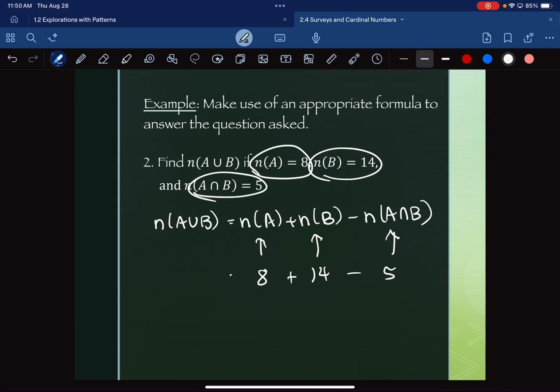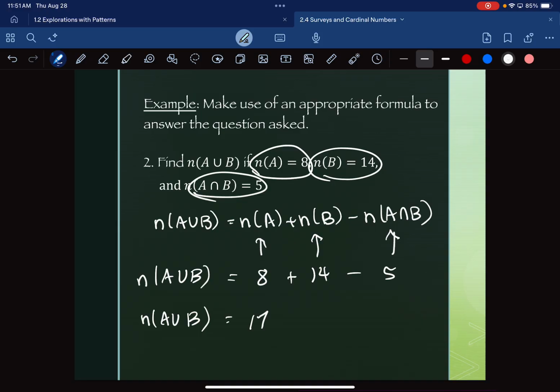The 3 pieces they gave us in this problem are all on the right, and we can find the number in the union that we're asked to find on the left. So now we're going to add 8 plus 14, which is 22, and 22 minus 5, 17. So the number of items in A union B is 17.